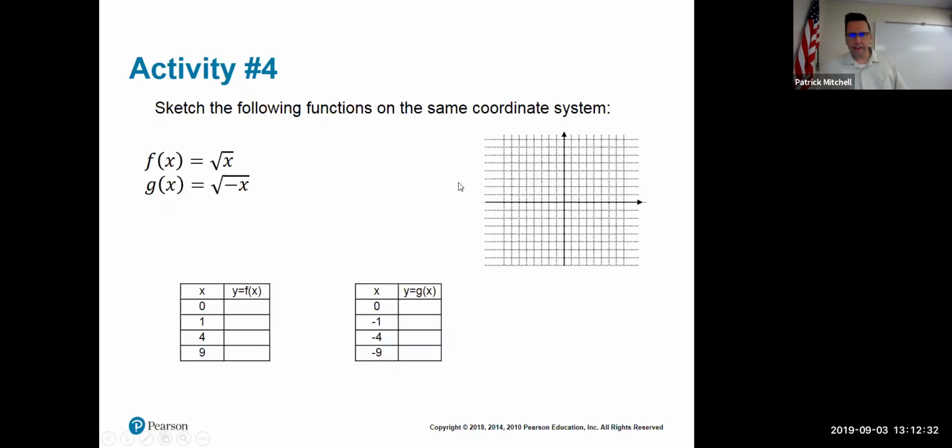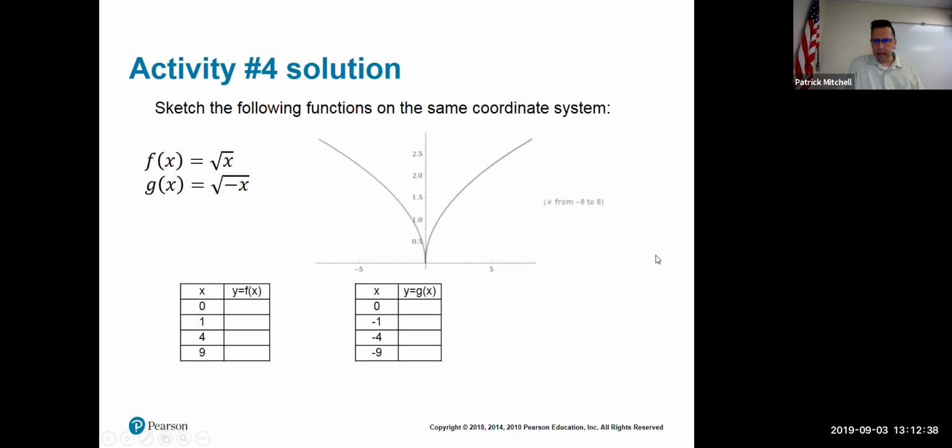All right, activity number 4. So hopefully you've had a chance to try this and gotten something that looks like this. I don't know why my graphing program did not give me a key for this graph. For some reason it put this x from -8 to 8 thing over here.